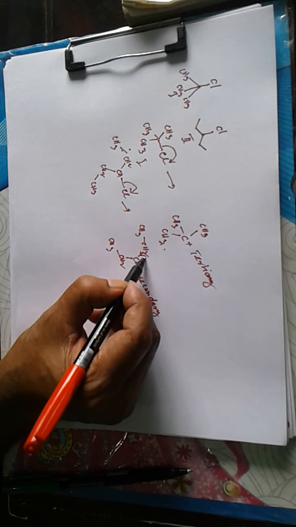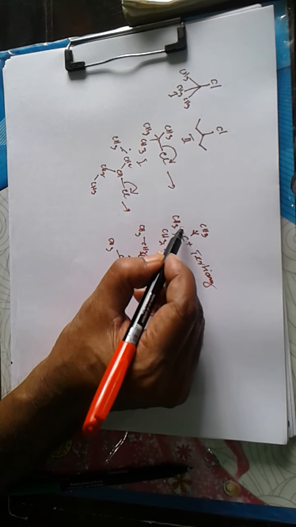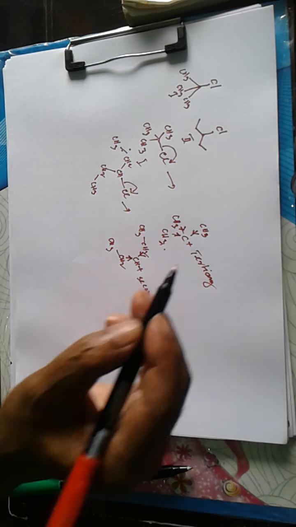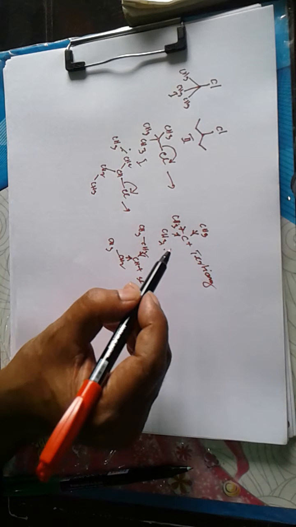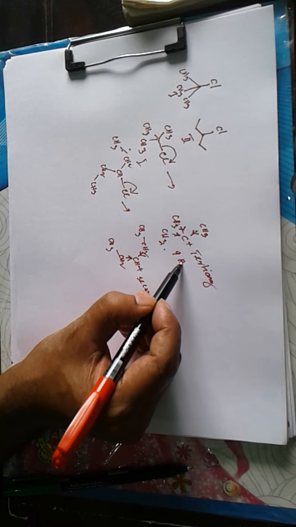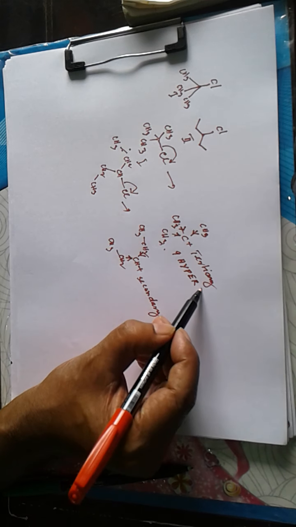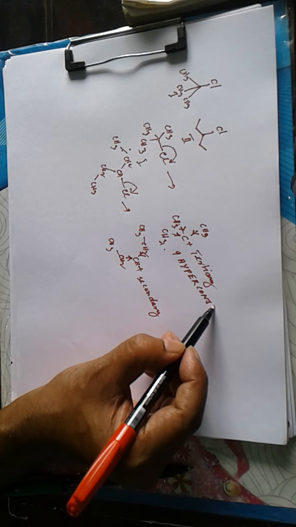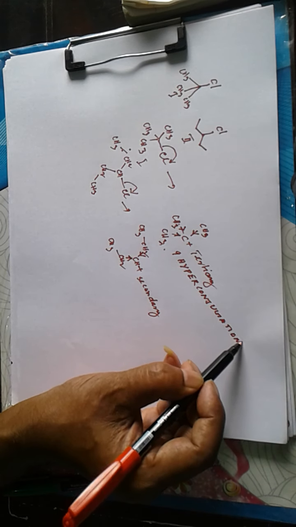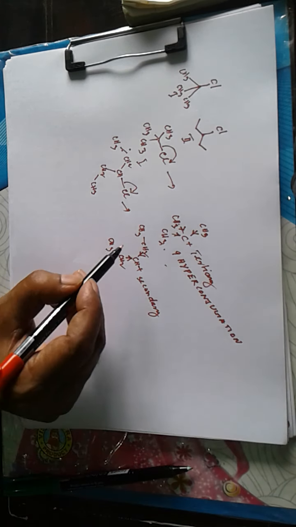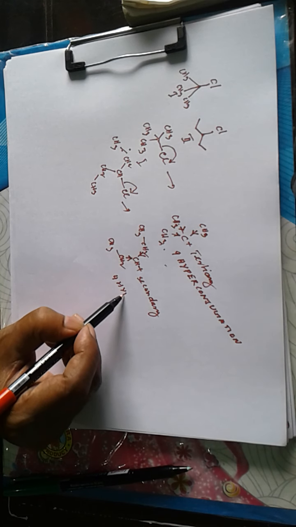Here the inductive effect of two ethyl groups, and here we have 3 methyl groups showing inductive effect, and here we can say 3 plus 3 plus 3, that is 9 hyperconjugation canonical structures. Here only 2 plus 2, 4 hyperconjugation canonical structures.